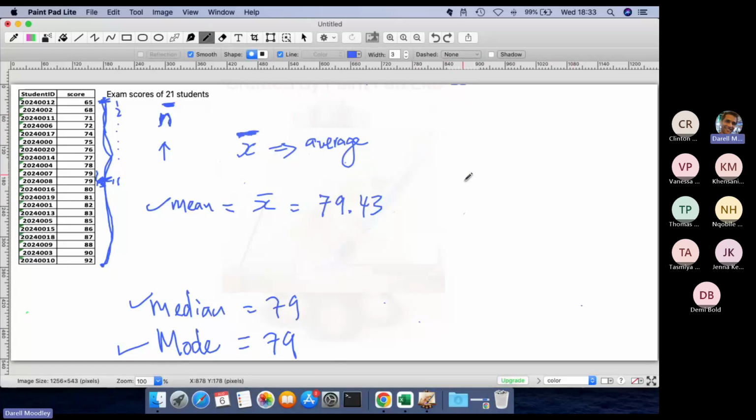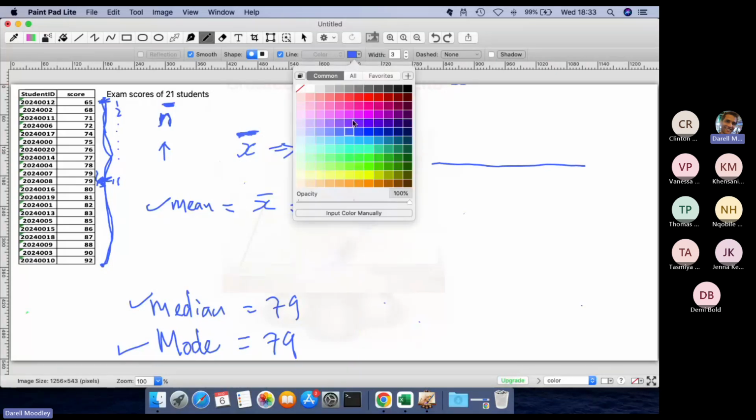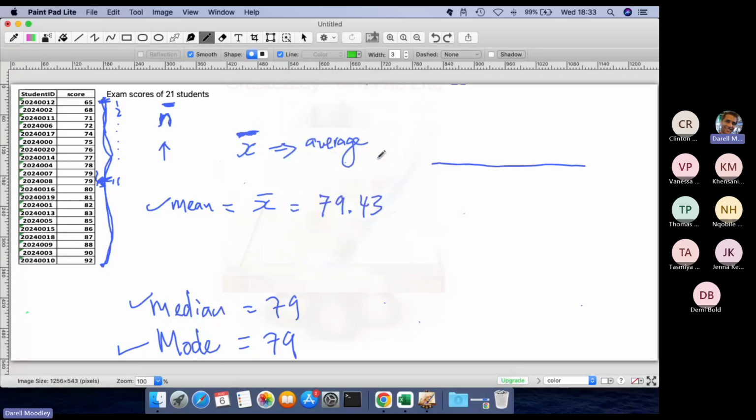Okay, so earlier I drew the histogram and I drew the green curve that shows you the shape of the distribution. You can have a case where the shape of the curve is like a bell-shaped curve. It's like this. Just bear with me because I'm trying to freehand, but you'll get the idea.